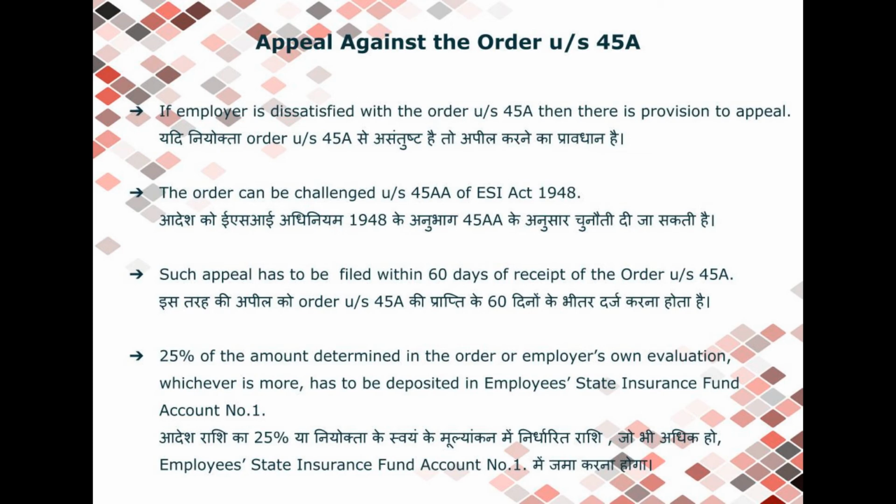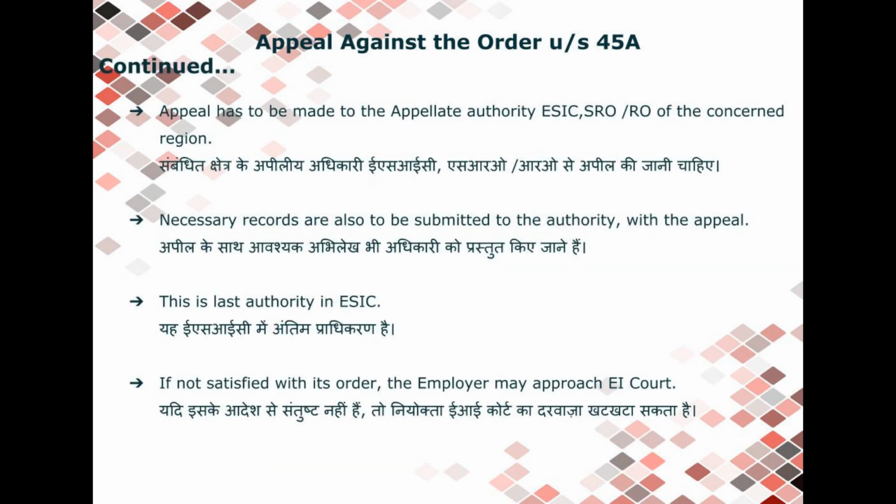And third important thing, you have to give all the supporting documents on the basis of which you are disputing or challenging the 45A order. The grounds for challenging 45A orders and concerned records are to be enclosed with the appeal. The appeal can be filed in the same SRO or regional office from where you have received the speaking order.